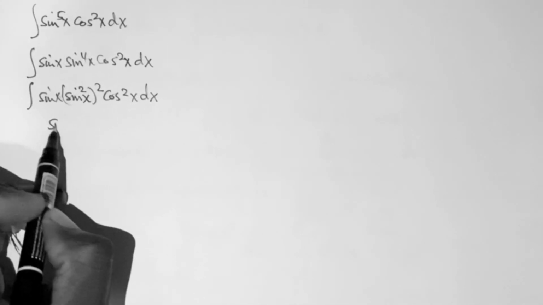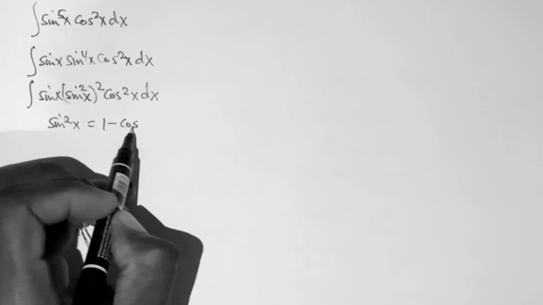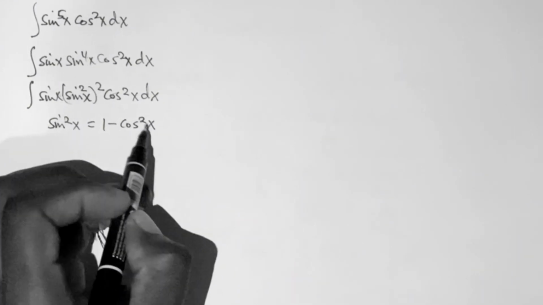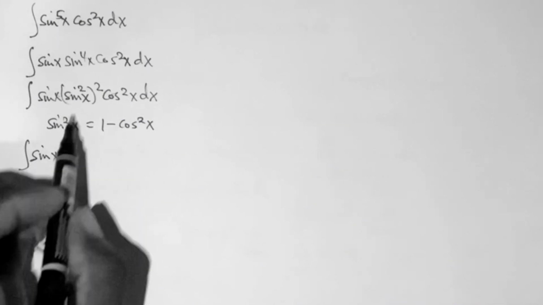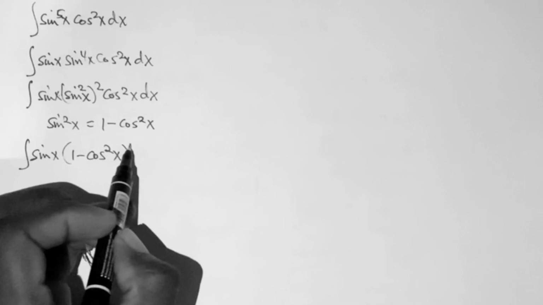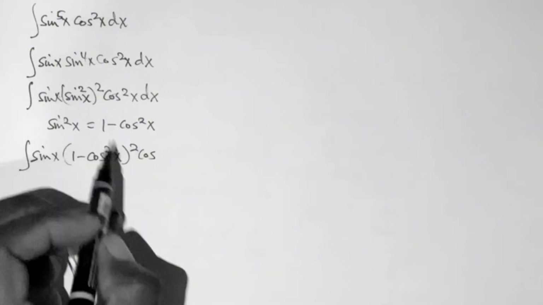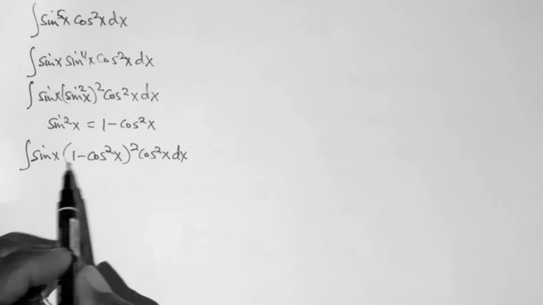We know that sin^2 x is equal to 1 minus cos^2 x, and therefore the integral becomes integral of sin x, then (1 minus cos^2 x) all squared, then times this cos^2 x dx. So now let's expand this.